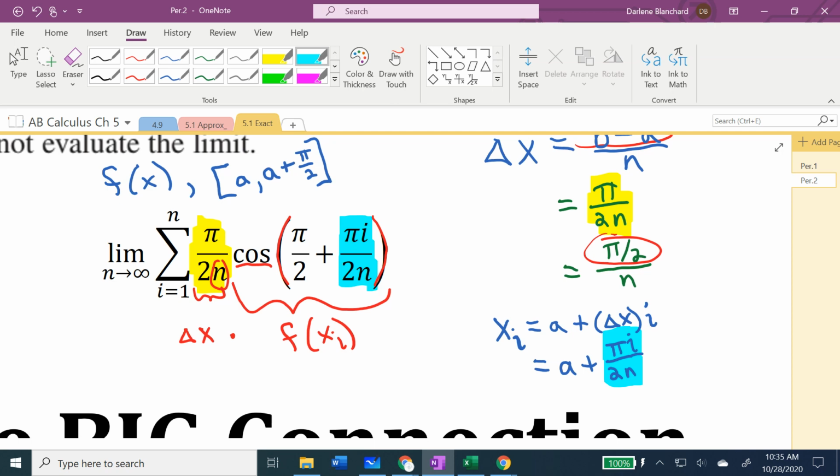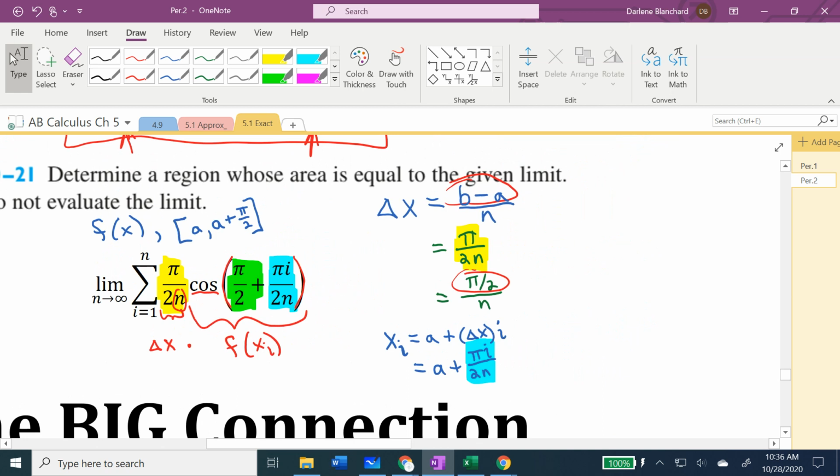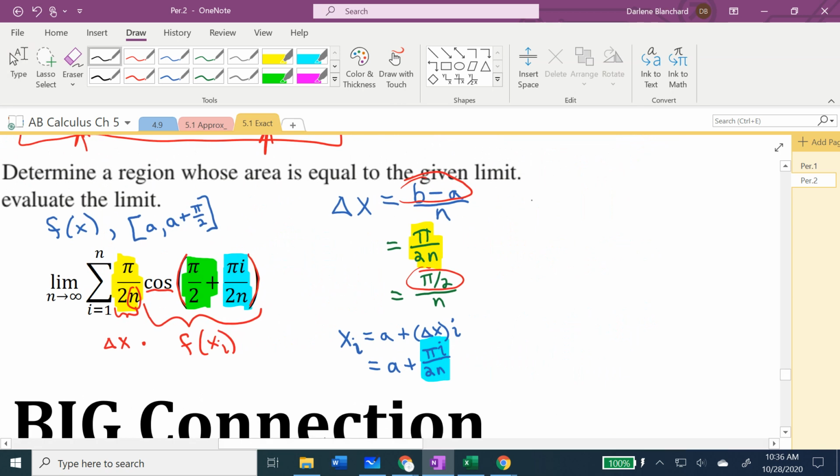You see some number that is exactly added to it, and we probably want to just say, hey, it looks like that's a. Now, you don't have to. But let's allow a to be pi over 2 and see what we get. And I'm going to also show you what happens if you choose a to be 0.